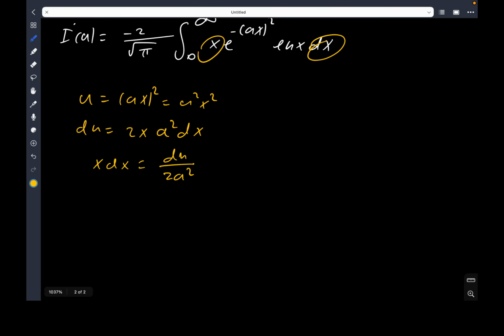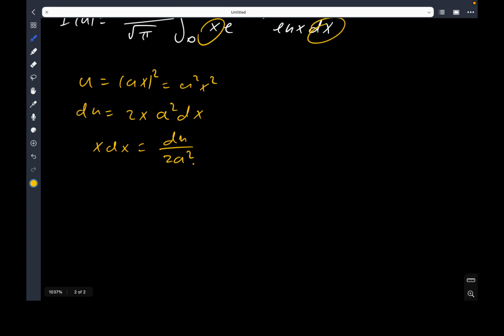And my x would be the square root of u over a squared, which is root u over a.